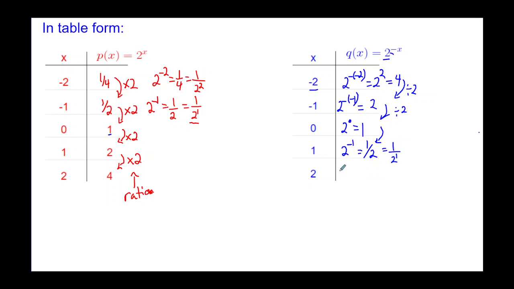And same thing here, 2 to the negative 2: we take half of a half, which gives us 1/4. So, reiterating that fact, where negative exponents appear, you can take the whole power and put it in the denominator. The sign on the exponent will change, but not the sign on the base.